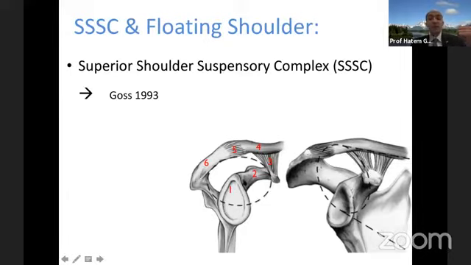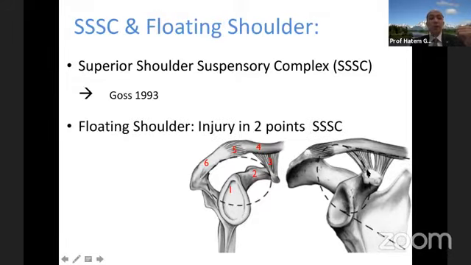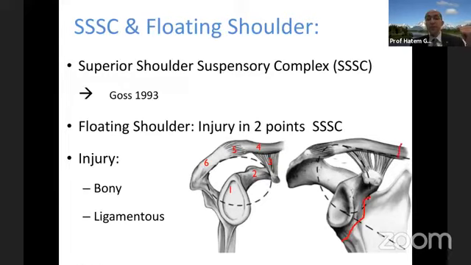That's the glenoid, the coracoid, the CC ligaments, the clavicle, the AC joint, and the acromion. So if you break two of those, that was the floating shoulder that we knew about. And you can have a disruption either ligamentous or bony, and that's your disruption of the complex. All these fractures or ligamentous injuries can be described as a superior suspensory complex injury.